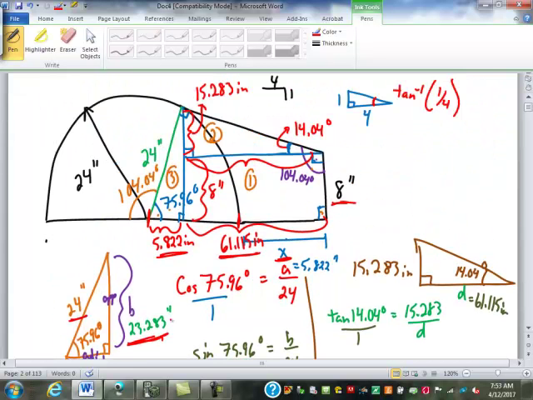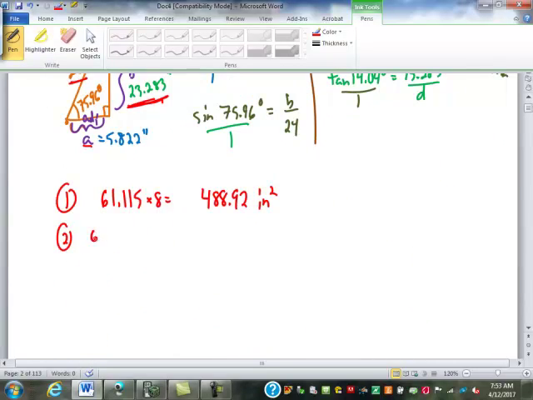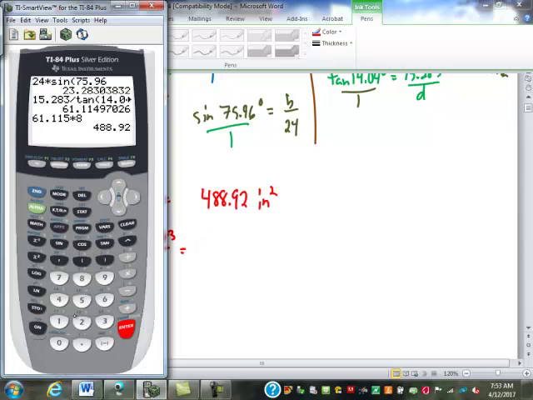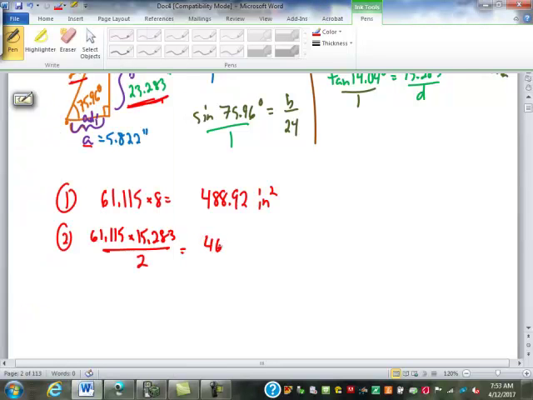Triangle 2 up here, right here, is 61.115 by 15.283. Of course, because it's a triangle, it's divided by 2. So that's 467.010 or 01 square inches.